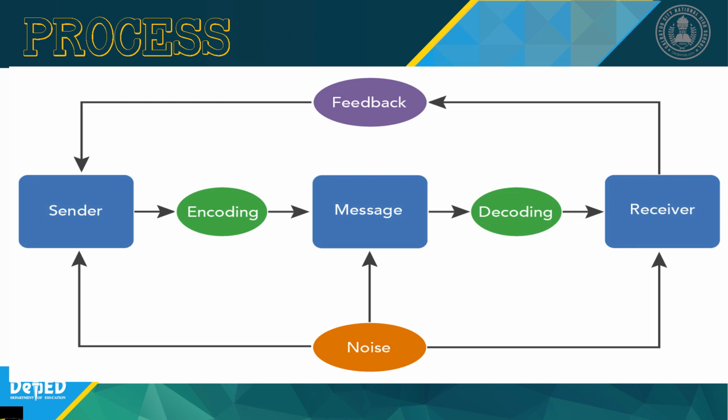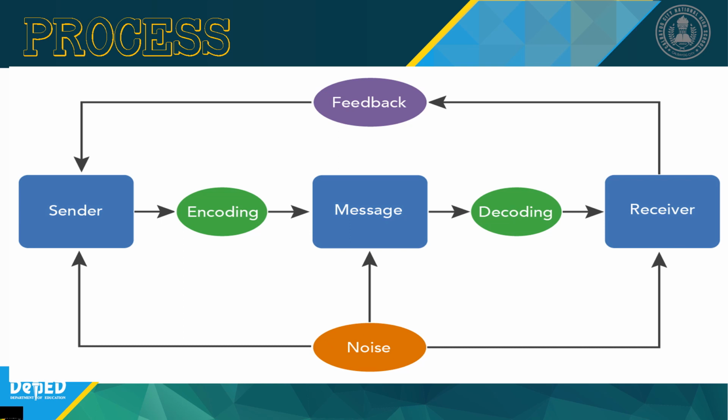We have just finished learning the elements. It is now the perfect time that we fully understand the flow of communication. As you can see in the diagram, the sender always starts the flow of communication. Before the speaker starts to speak, he or she first generates an idea. The speaker starts to encode an idea or converts the idea into words or actions.